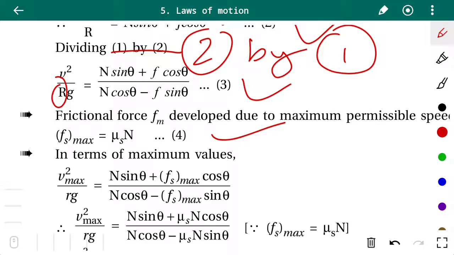Here capital R is denoted by small r, it is nothing but the radius of the circular path, equals n sin theta plus, instead of F it will be Fs max cos theta upon n cos theta minus Fs max sin theta.